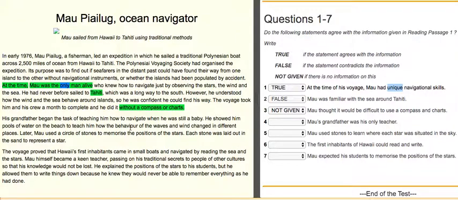Here they mention his grandfather began teaching him how to navigate, but they didn't mention whether Mao had any other teachers in his entire life. So there is not enough evidence to claim that Mao's grandfather was his only teacher. Obviously, we have to choose not given.